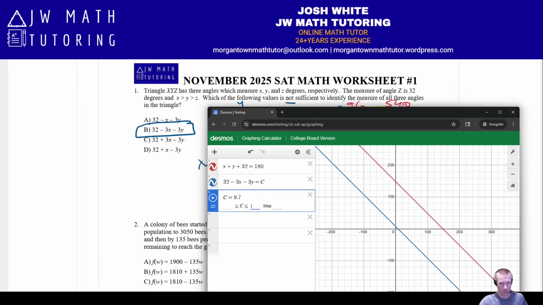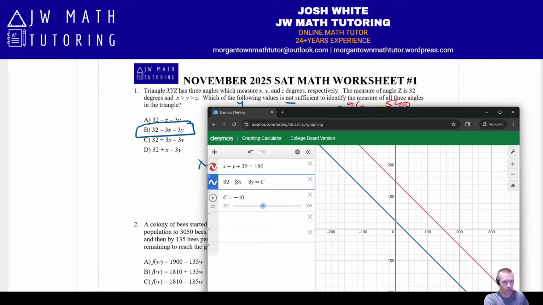I have to basically bump it up here to much larger values. Notice here it's getting further away, or if I go the other direction, it's getting closer together. But they are never going to intersect. They are going to be parallel. No matter how large I make it, they will never intersect. Therefore, the value of expression B is not sufficient to identify the specific measures of x and y.